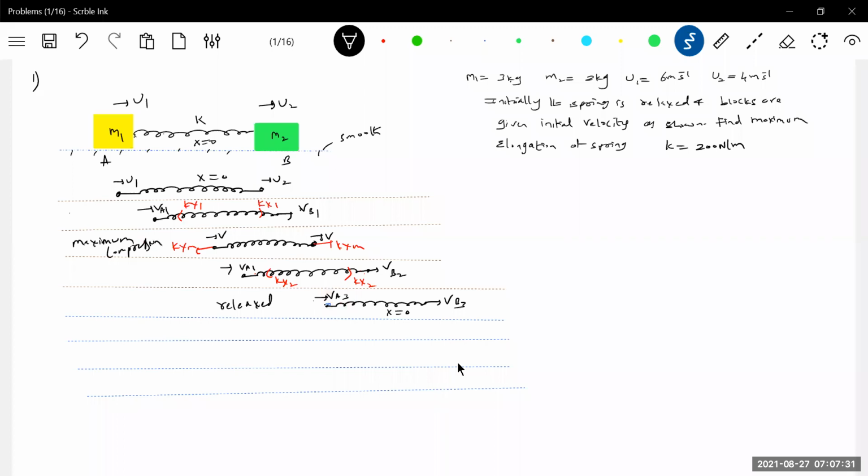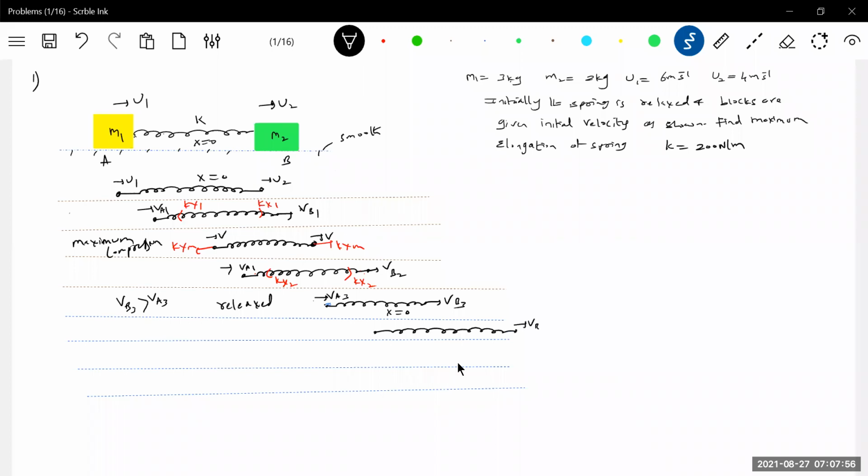If you check now, VB3 will be greater than VA3.